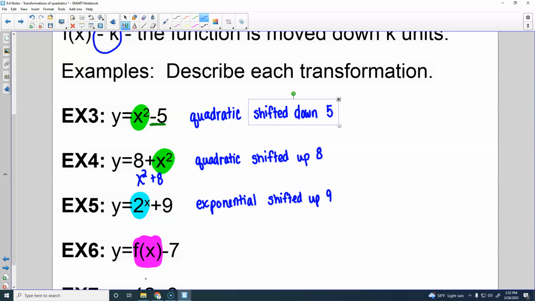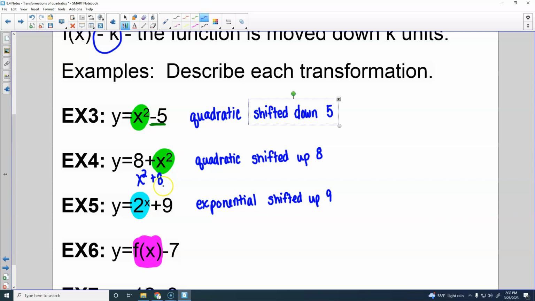Okay. Evan is correct when he says he has no idea. We don't know what this is, right? Because f of x could represent any kind of function. It may even be something that we don't know about yet, like a cubic function or a square root function or an integral defined function from calculus or something crazy, right? It doesn't matter because these rules apply to all functions.